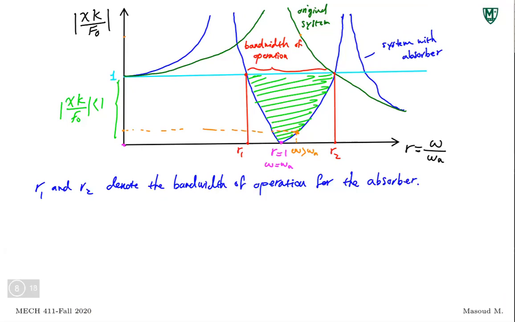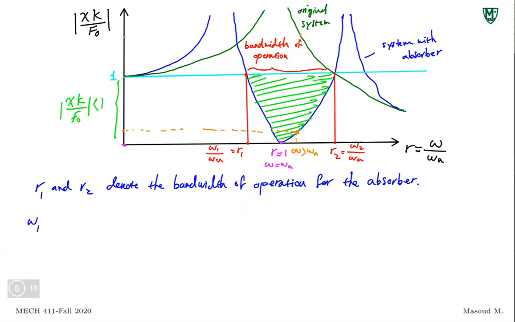Right. R1 and R2 obviously correspond to some frequency. So let's say R1 is omega 1 over omega A and R2 is omega 2, some frequency over omega A.